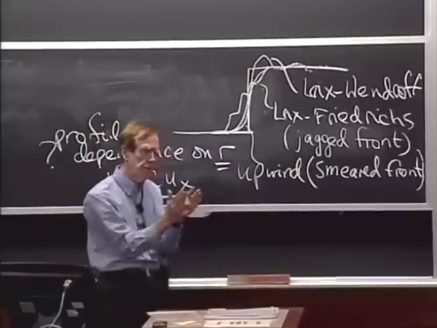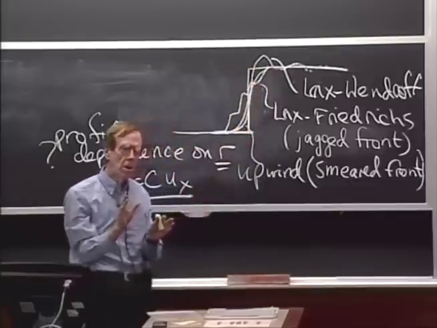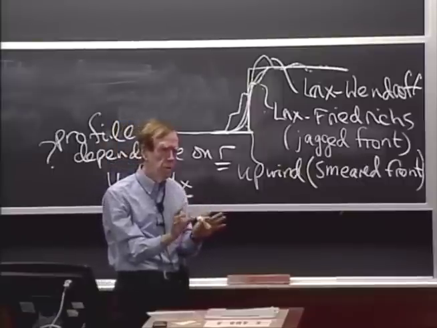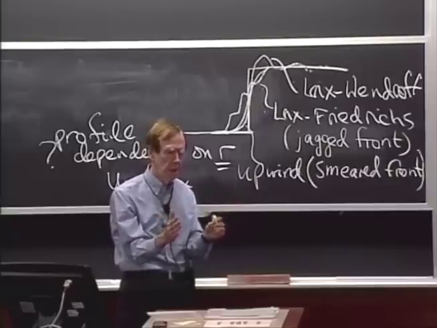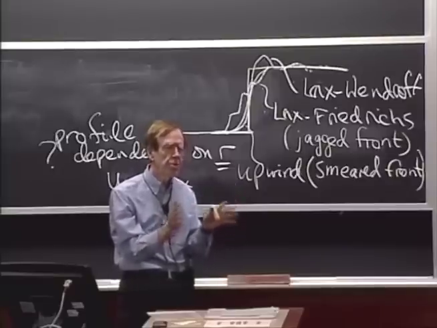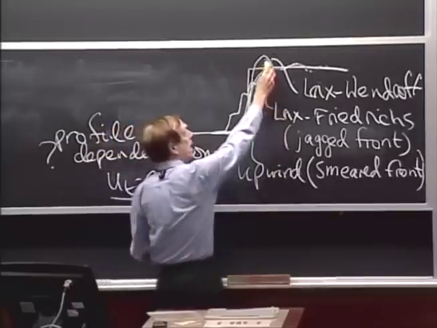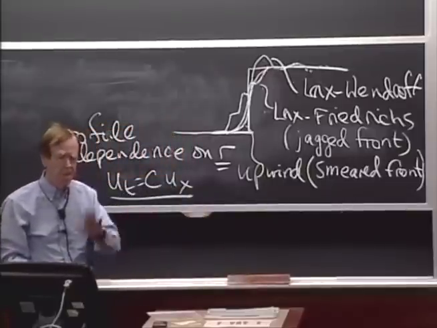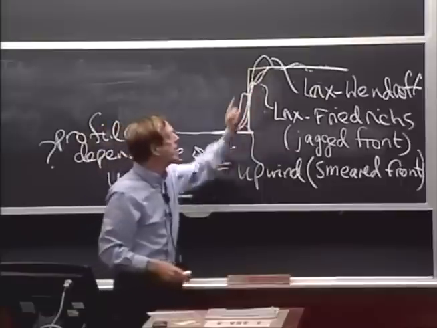You want to capture that shock, that discontinuity. Well, not perfectly, you can't expect that. But you want to capture it maybe in, let's say, 2 delta x. A good method captures the shock within 2 delta x and does it without much undesirable oscillation, unphysical oscillation like that.